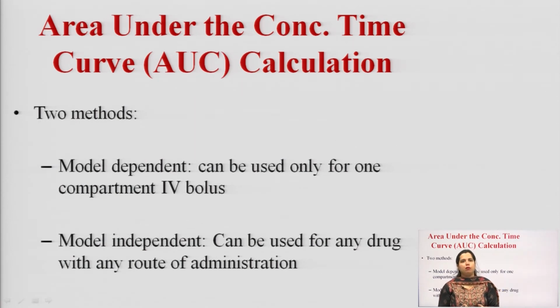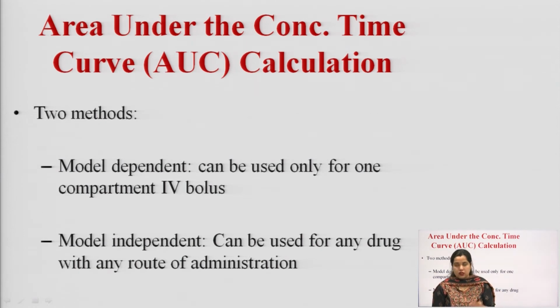Model dependent can be used only for one compartment IV bolus, and model independent can be used for any drug with any route of administration, because it does not consider the body as compartments. It just uses the concept that the drug shows linear kinetics when administered in the body. So it can be used for any drug with any route of administration.